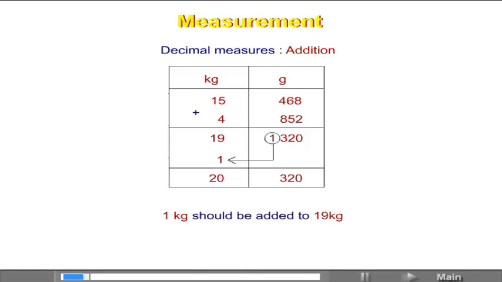This 1 kilogram should be added to the side of kilograms. Therefore, the kilograms now become 15 kilograms plus 4 kilograms plus 1 kilogram is equal to 20 kilograms. Hence, the answer for 15 kilograms 468 grams plus 4 kilograms 852 grams is 20 kilograms 320 grams.